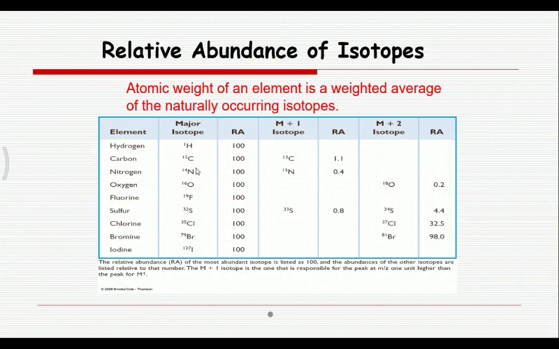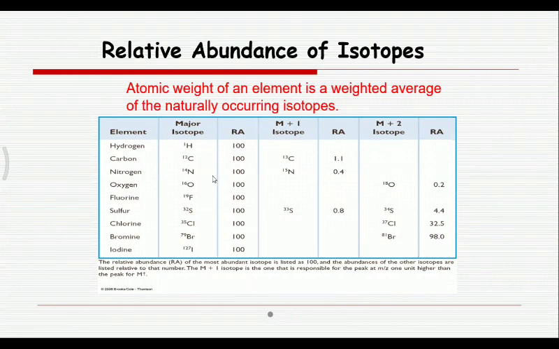Carbon has 2 isotopes, C12 and C13. If I say C12 is 100, then the relative abundance of C13 is 1.1. So if I have 100 atoms of C12, then there will be one atom of C13, so molecular weight will be increased by one.